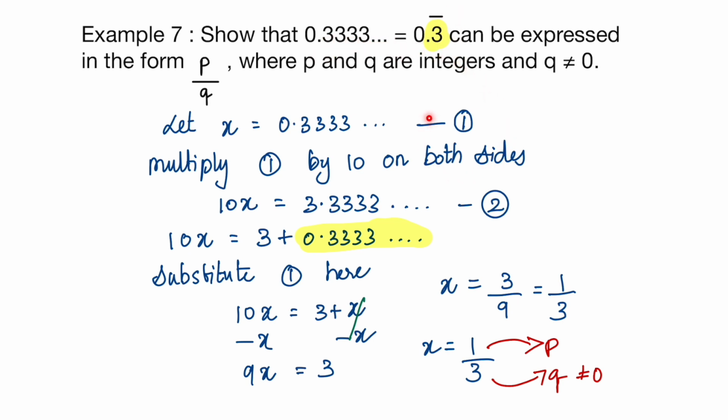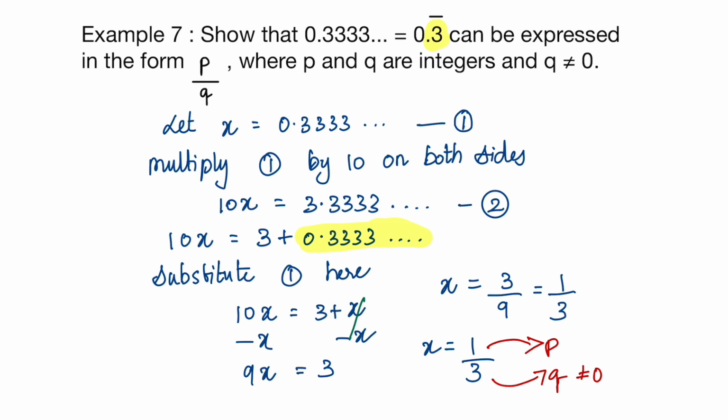Now since it's only one digit, we are multiplying this equation by 10 on both sides. You are taking equation 1 and multiplying it by 10 on both sides, and that gives you 10x is equal to 3.333. Okay, you get that. Now I am just going to rewrite this expression as 10x is equal to 3 plus 0.333.